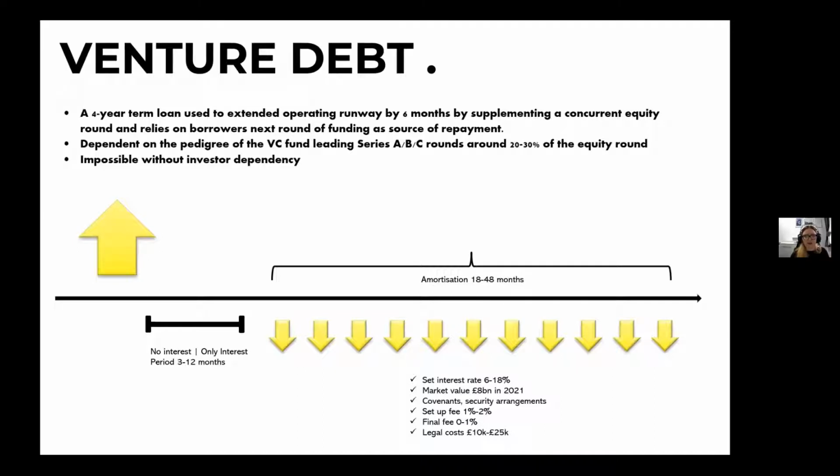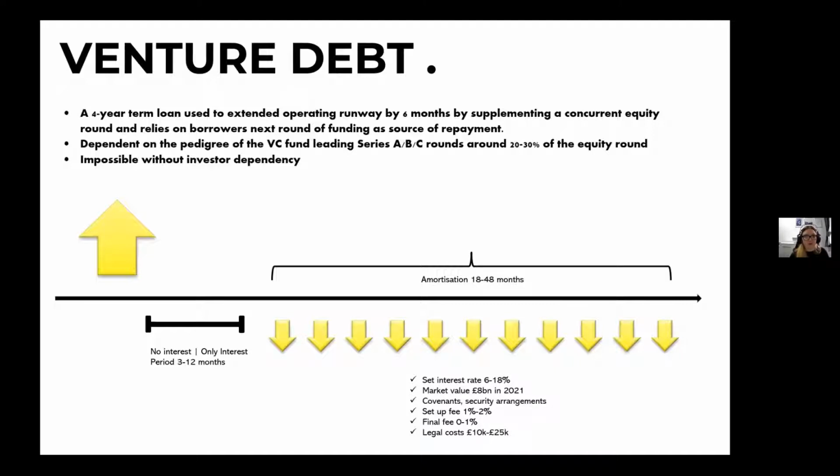And finally, it has a number of fees, which you can be very confused by, because it's not just the interest rate. You have a setup fee that could be, depending on the provider, maybe 1-2%. You have a final fee at the close with the last payment that could be, in some cases, 0. If you negotiate very well, in some cases, it could be 1%.